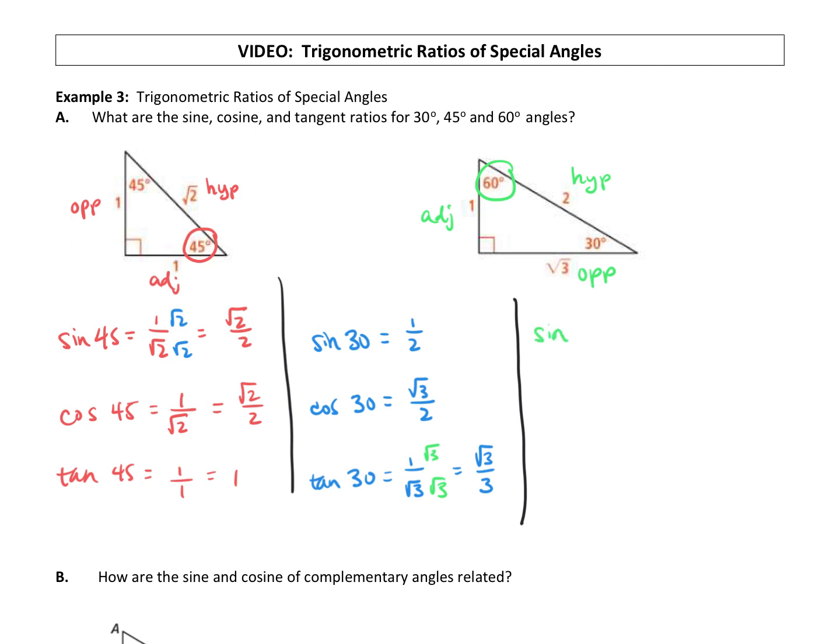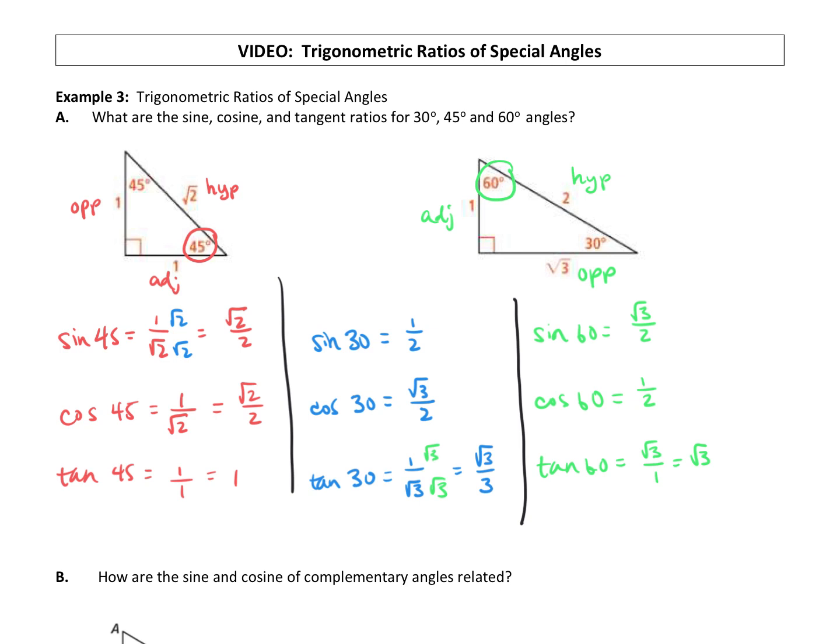So sine of 60 degrees is the opposite over the hypotenuse. Cosine of 60 is adjacent over hypotenuse. And tangent of 60 is the opposite over the adjacent, so root 3 over 1, which just reduces to square root of 3.